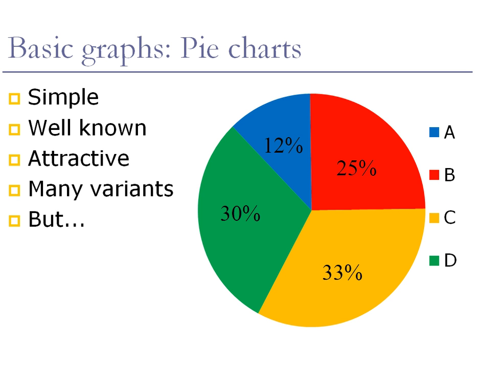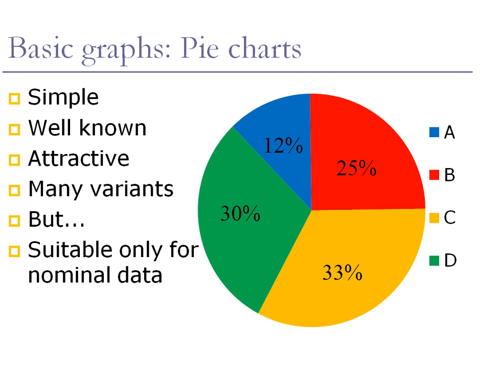But there is an important point to be made here, and that is that pie charts have some very strong limitations. For one thing, they're really suitable only for nominal data. We can theoretically use them also for ordinal data, even for ratio data if you want to. But for any one of those situations, there is definitely a better graph that one can use.